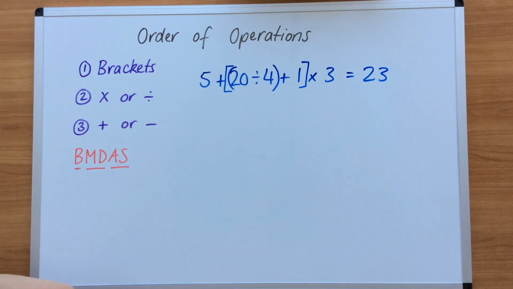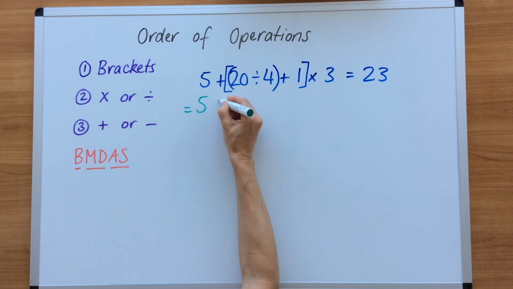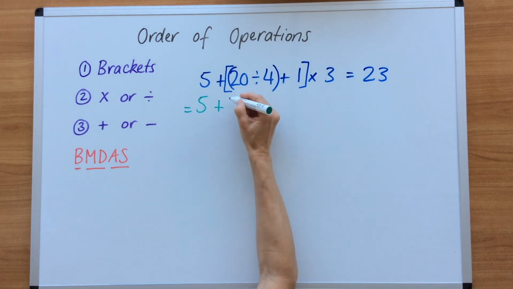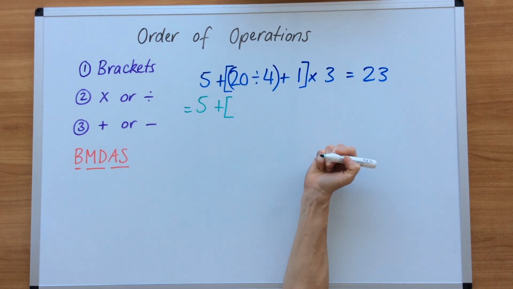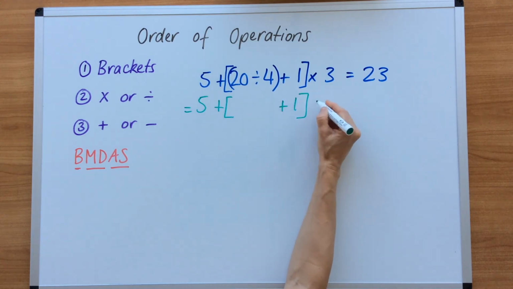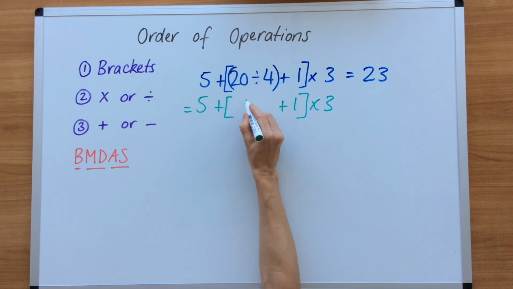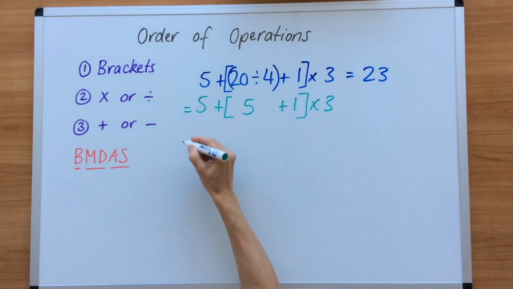And I'm going to work that for you to show you that that is achievable. So let's have a look at this. Equals, now 5 plus drops down, my big bracket opens, I put the plus 1, big bracket closes, times 3. I then work the 20 divided by 4, which is 5.